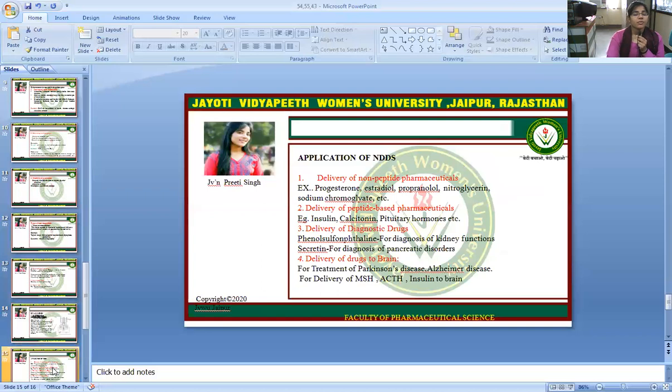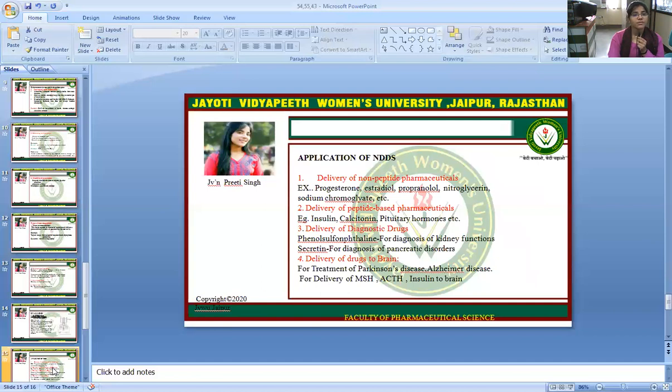So the applications of NDDS: delivery of non-peptide pharmaceuticals, for example progesterone, estradiol, propranolol, nitroglycerin, sodium cromoglycate, etc., and delivery of peptide-based pharmaceuticals, for example insulin, calcitonin, pituitary hormones, etc. Then drug delivery for diagnosis, for example phenolsulfonphthalein for diagnosis of kidney function, and secretin for diagnosis of pancreatic disorders.